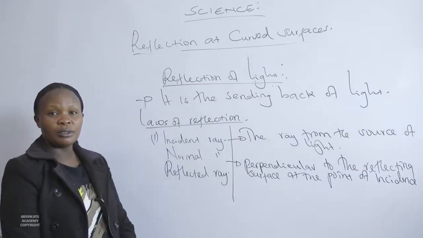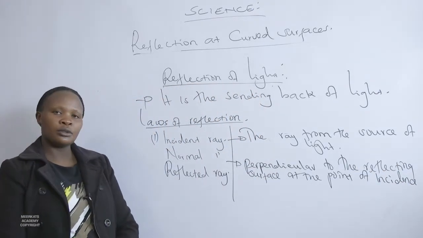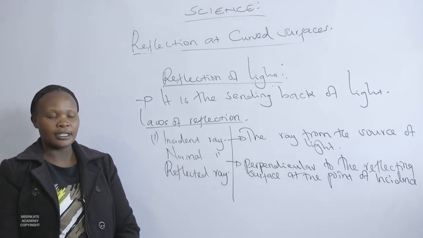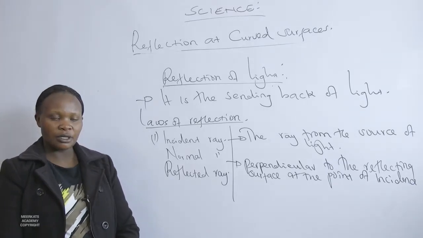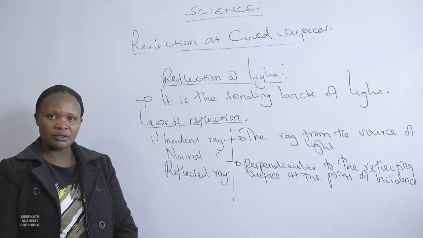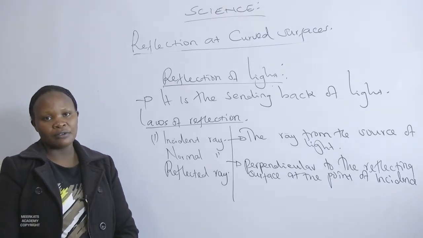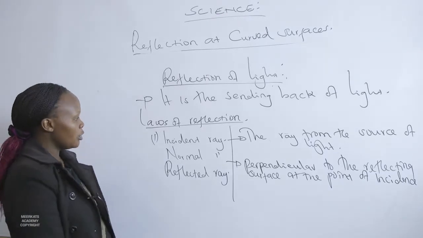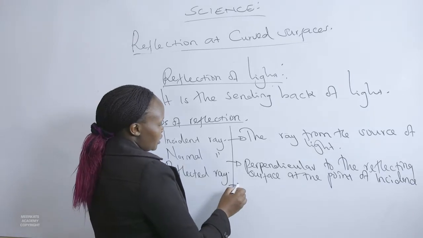It is actually perpendicular to the reflecting surface at the point of incidence. I will actually illustrate that as a form of diagram. Now, again, we have the reflected ray, the ray from the reflecting surface.